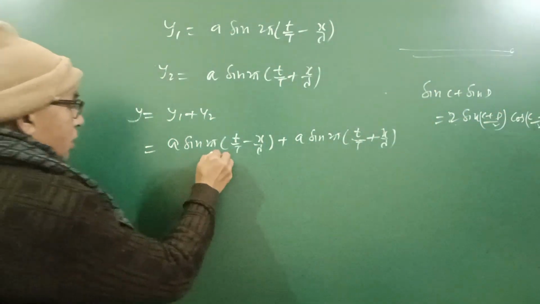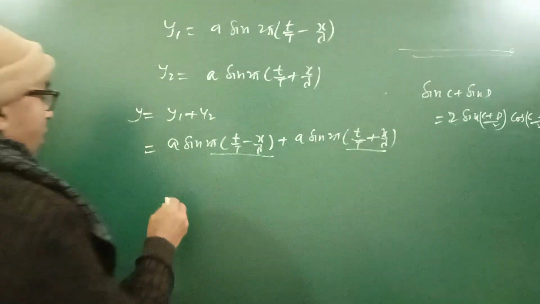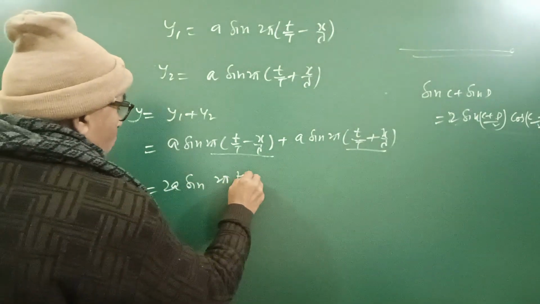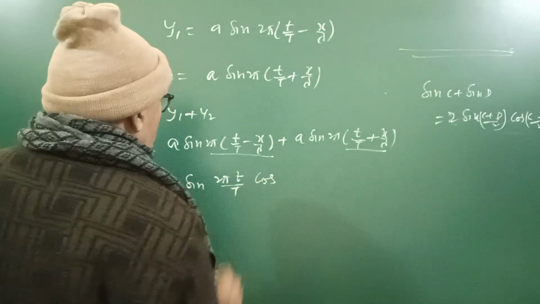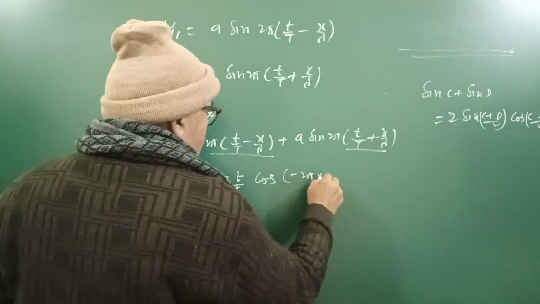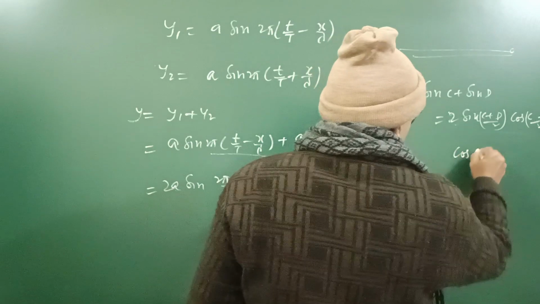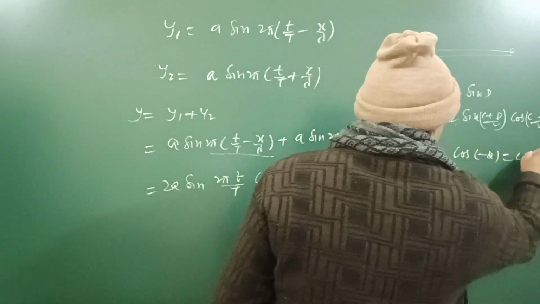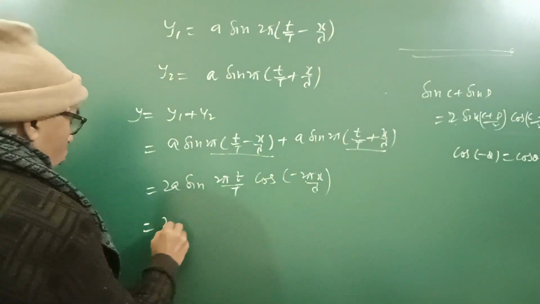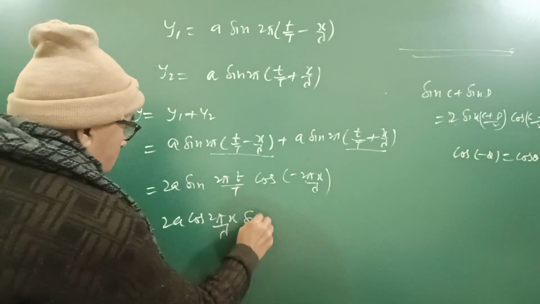When we add, the x term gets cancelled, and dividing by 2, we get 2a sine 2 pi t upon T, and cos of this minus this, we get minus 2 pi x upon lambda. Cos minus theta equals cos theta by trigonometry. Therefore, you can write it as 2a cos 2 pi x upon lambda sine 2 pi t upon T.